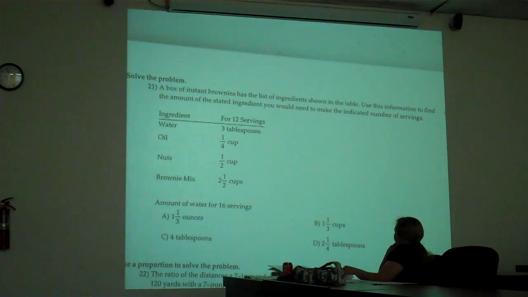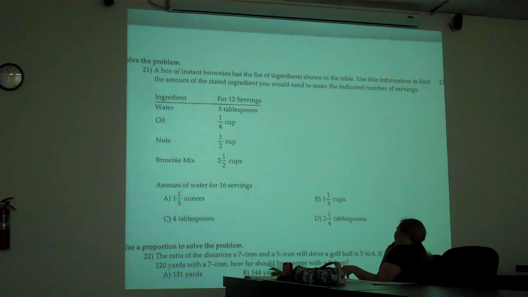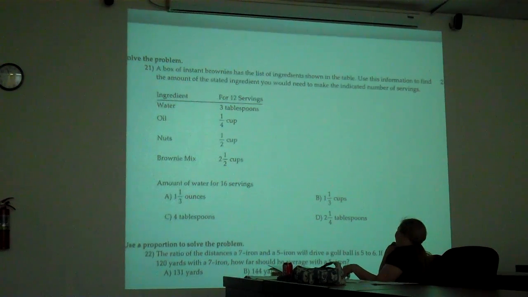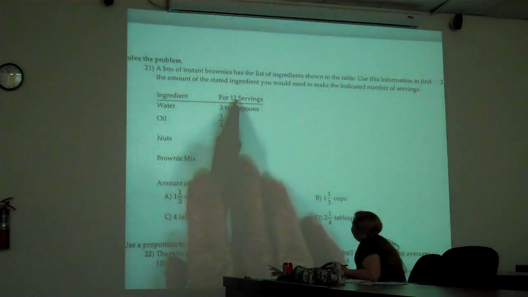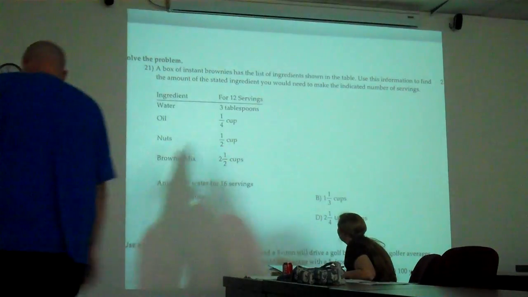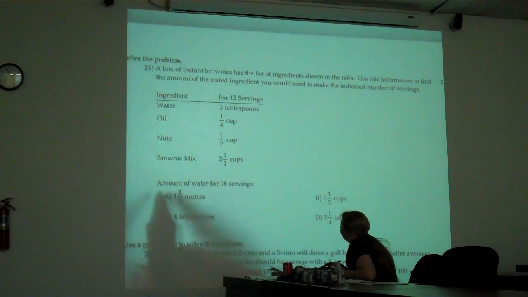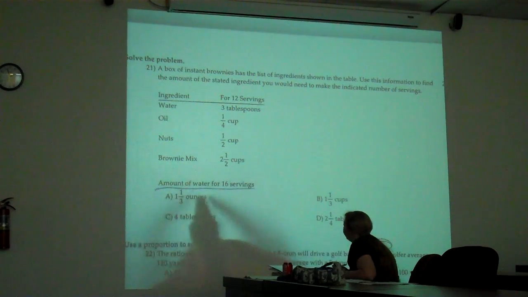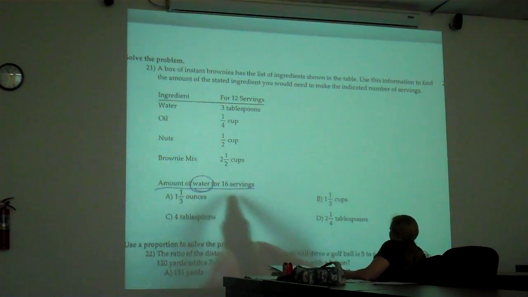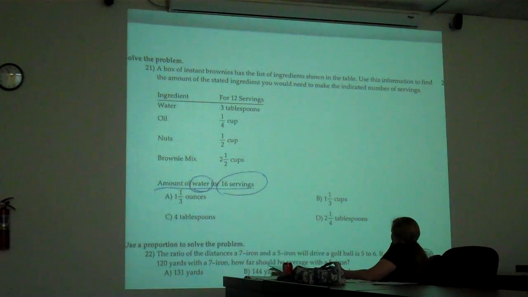Number 20. Number 21. Looks like your homework, doesn't it? Very close. There's a recipe for 12 servings. This is how much water, how much oil, nuts, brownie mix. It wants you to find the amount of water for 16 servings.